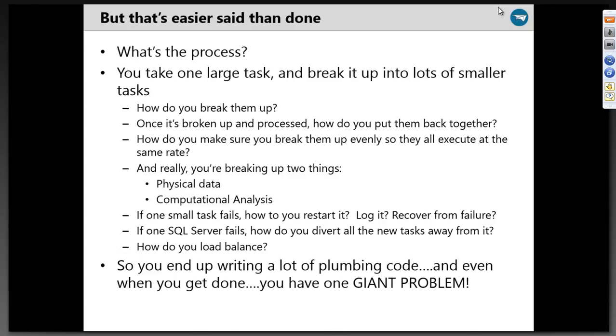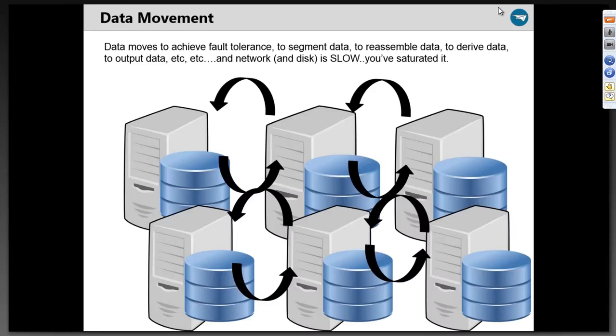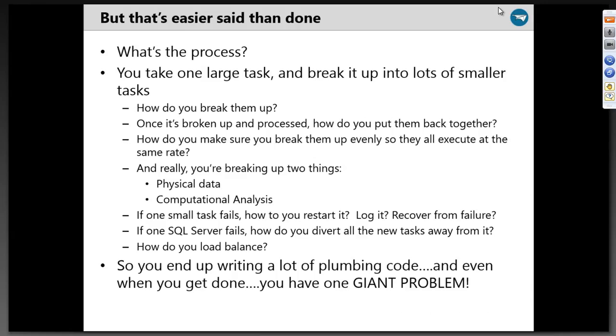And then if we do break things up into these 6 servers, if one server fails, how do we know we need to restart the task, or we need to move over to another node? You can kind of get the idea that we are writing a lot of plumbing code.